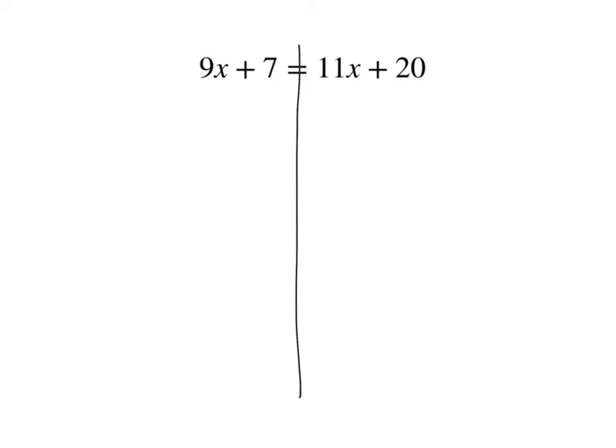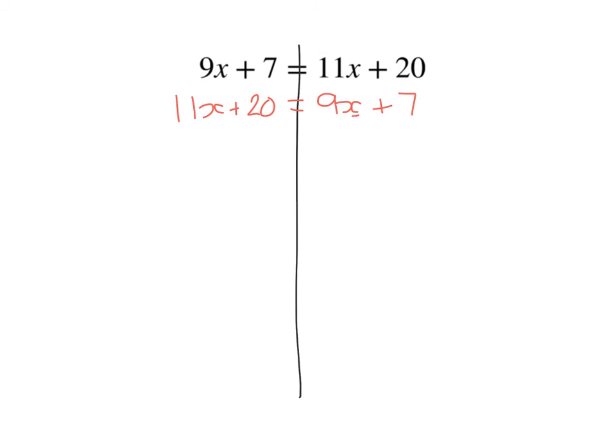So what I'm actually going to do is swap both sides over, because if this side is equal to this side, then it's the same the other way around. So let's swap everything over, and I'm going to end up with 11x plus 20 is equal to 9x plus 7.